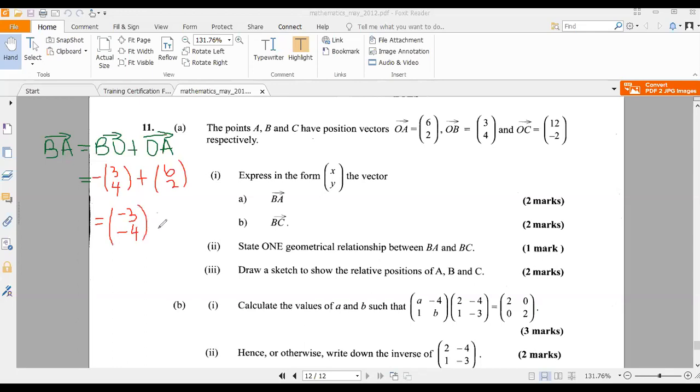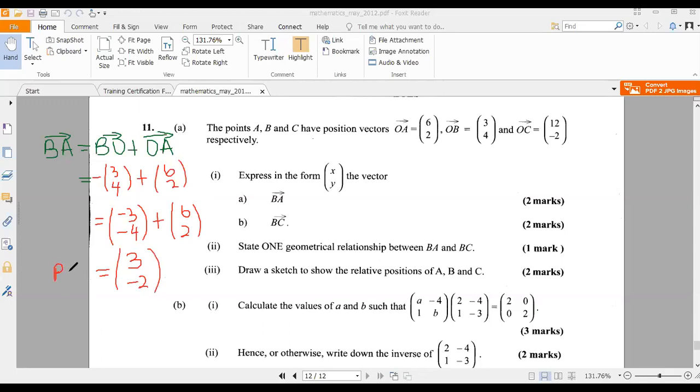So when we add with the OA, we get 6 and 2. So when I work out this, I'm going to get -3 plus 6 will give me 3, and -4 plus 2 gives me -2. And this will give me my final answer for BA, the vector BA.